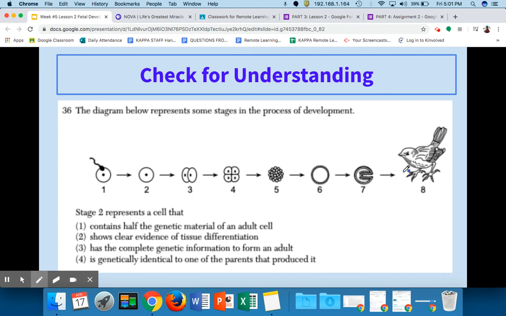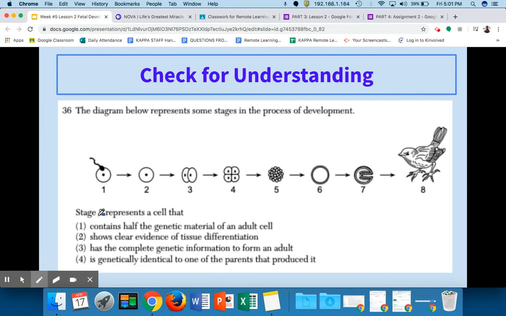Stage 2 represents a cell that blank. 1 contains half the genetic material of an adult cell. 2 shows clear evidence of tissue differentiation. 3 has the complete genetic information to form an adult. Or 4 is genetically identical to one of the parents that produced it.